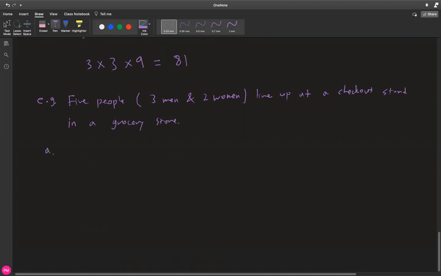And the first question would be, without any restrictions, how many different ways can they line up?